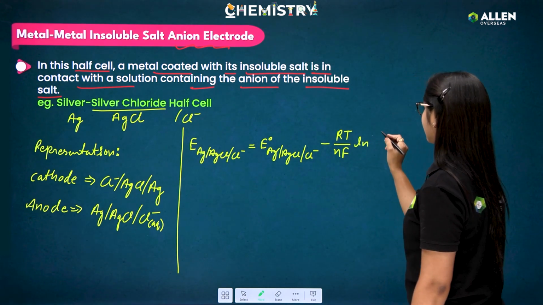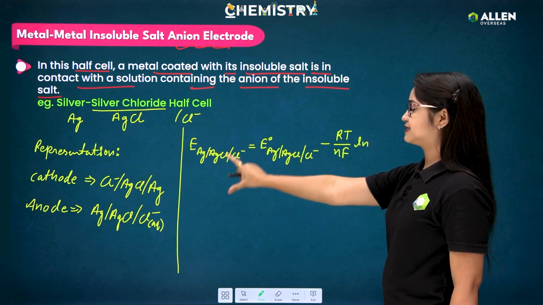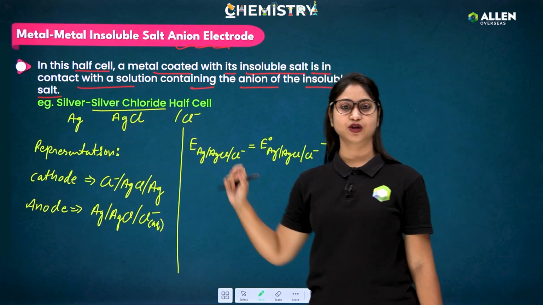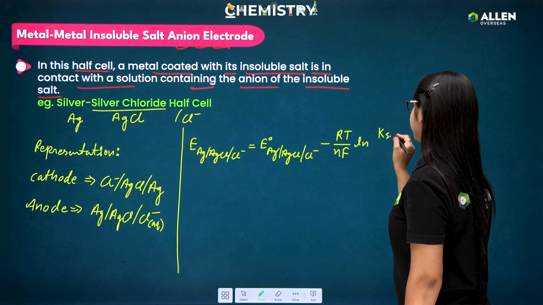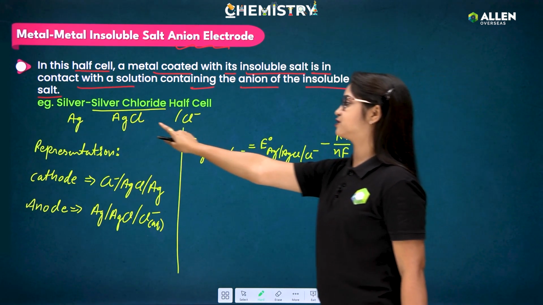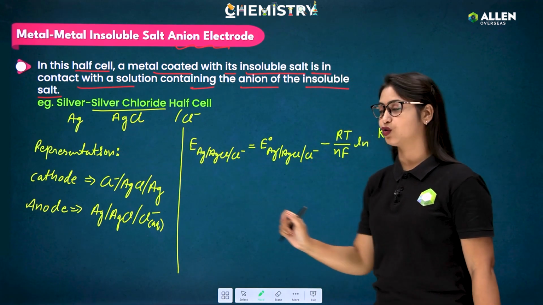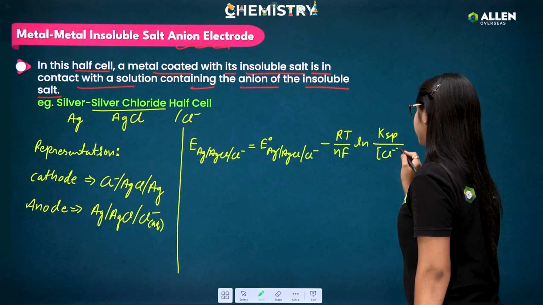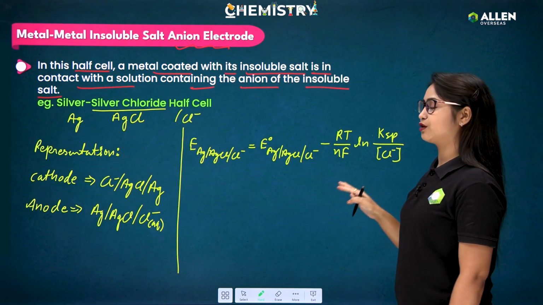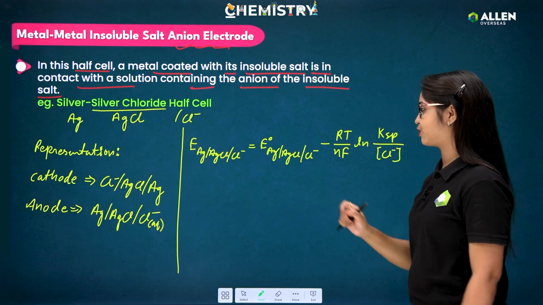Now here for this cell, when you have the insoluble salt, here the expression will be KSP of this insoluble salt, KSP of the silver chloride divided by concentration of Cl minus ion. This is how we calculate the EMF of this half cell, right?